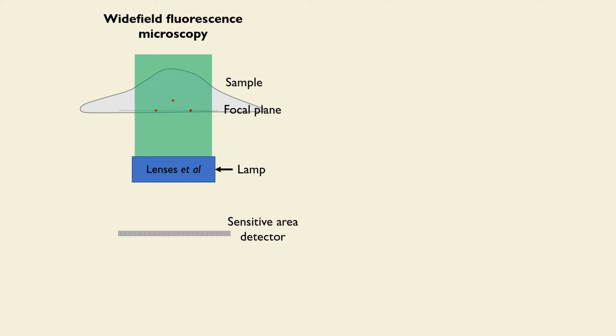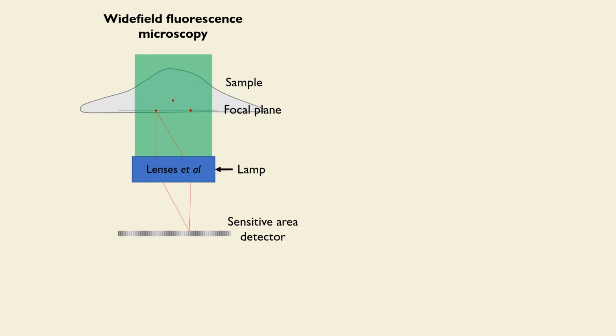Some of the fluorophores in the sample might be in the focal plane, as the ones you can see there on the dotted line are, and others might be out of the focal plane. When the light from the fluorophores that are in the focal plane gets focused back through the lenses and other stuff, that light is focused sharply onto a sensitive area detector, which is typically a camera.